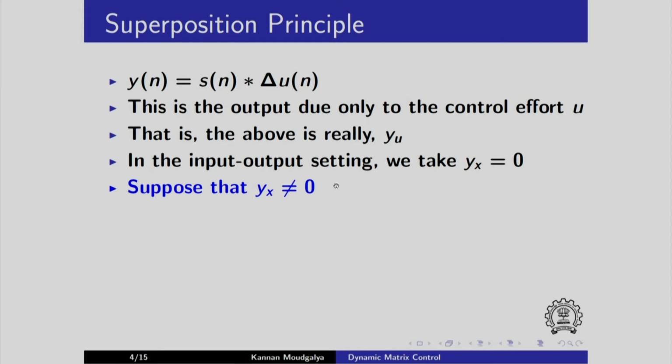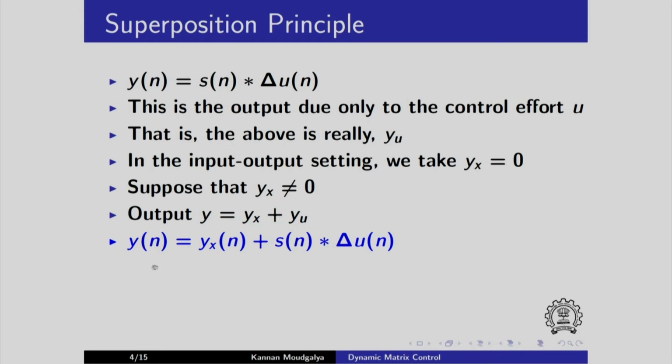If Yx is not equal to 0, we have to add that also. So we need to add this Y sub x, and this whole thing is Y sub U. So when I substitute Yx here, and for Yu I substitute here, I get this convolution expression.